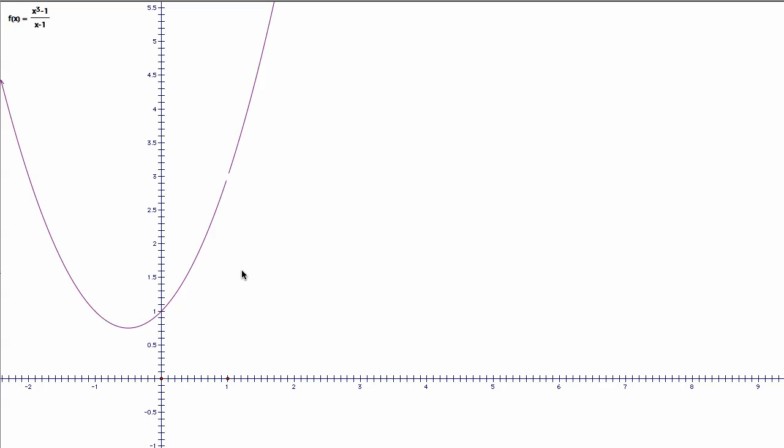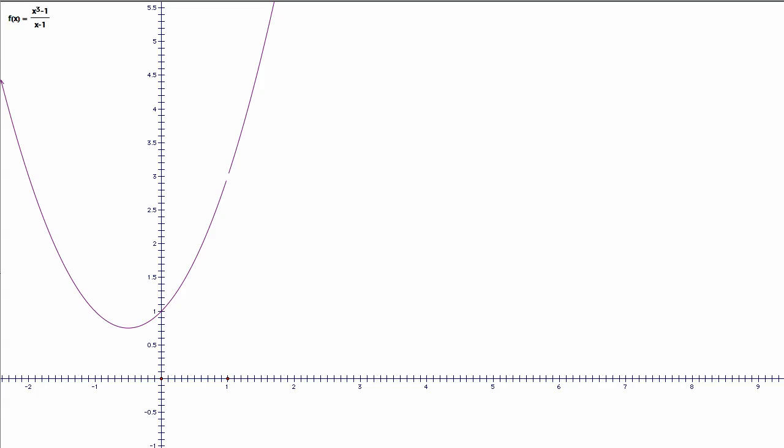So 1 is not in the domain, which is why we get this hole. If we imagine x getting really close to 1 from the left-hand side, it looks like my function is getting really close to 3. If we approach 1 from the right-hand side, it looks like we get really close to 3 from up above. The only problem is we just can't take 1 and plug it into this.